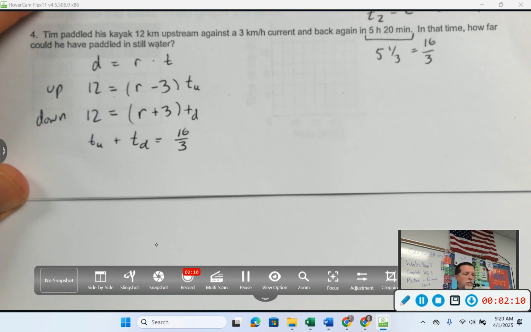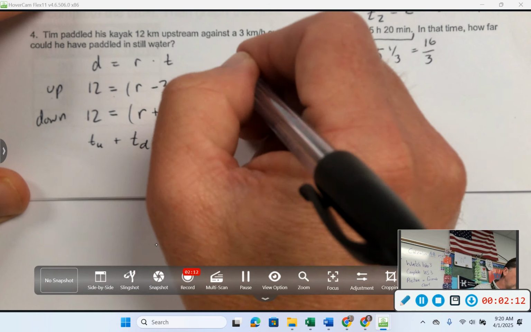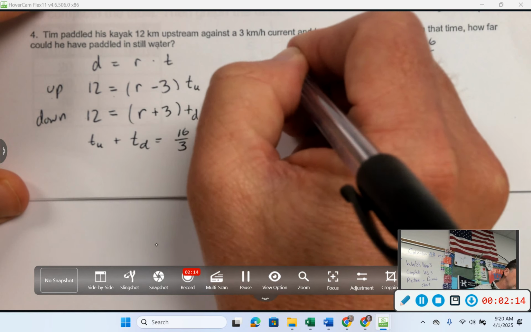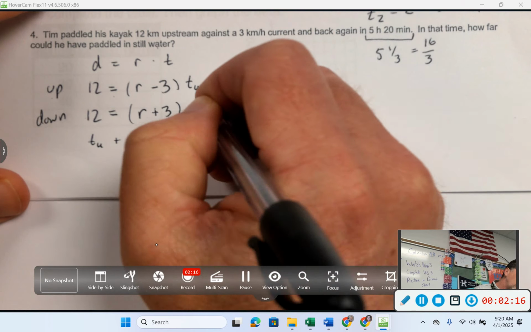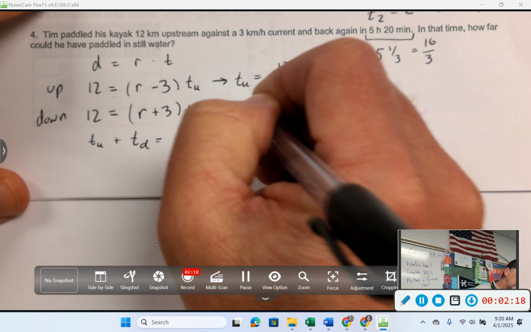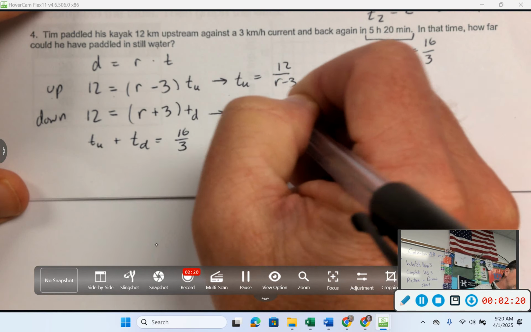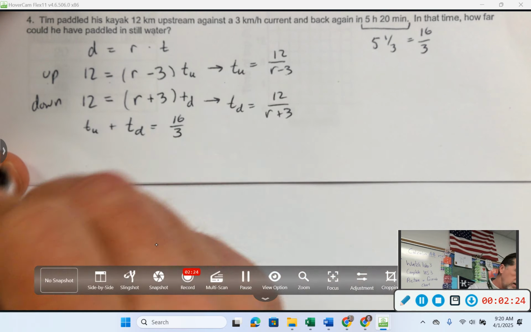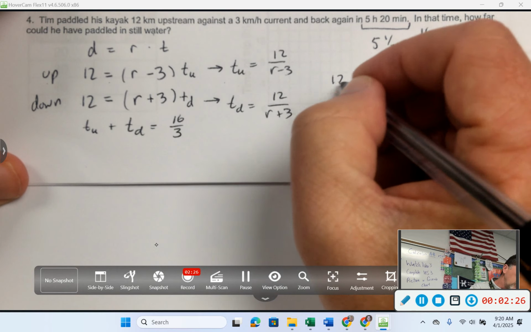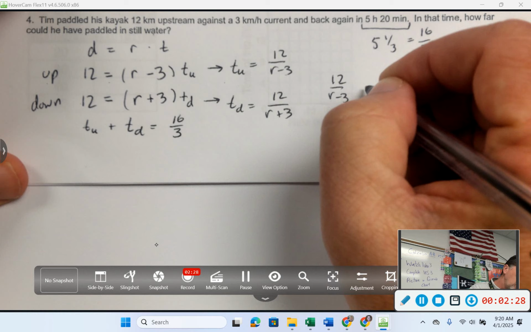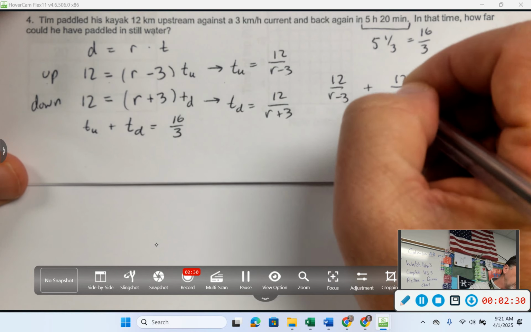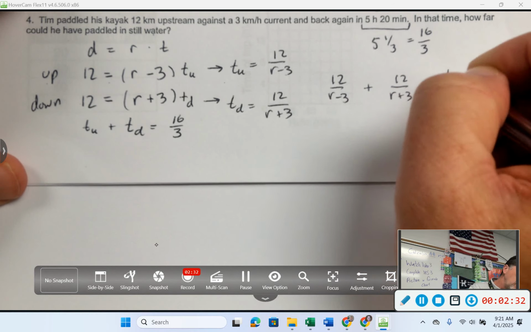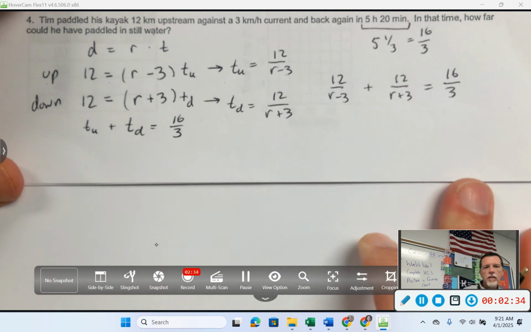Okay, well, this isn't too bad because I can solve for the upstream time. 12 over R minus 3. I can solve for the downstream time. 12 over R plus 3. So 12 over R minus 3 plus 12 over R plus 3 equals 16 thirds.